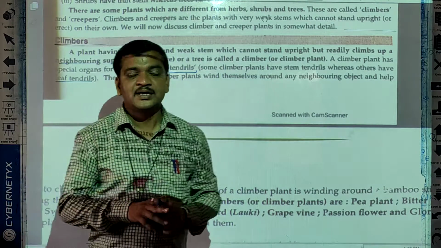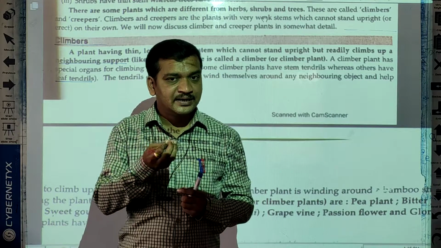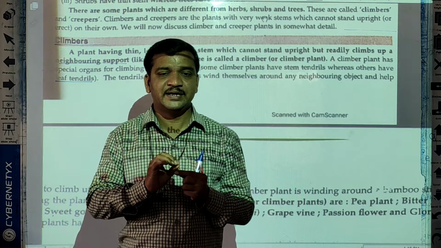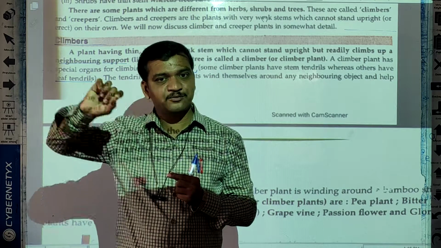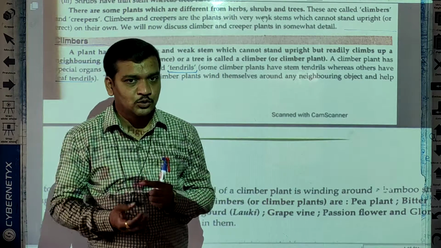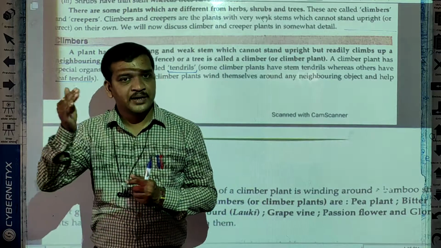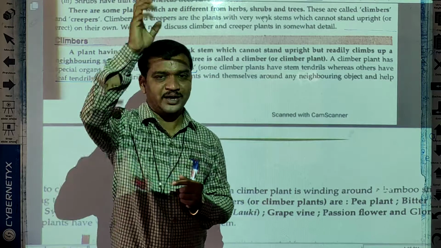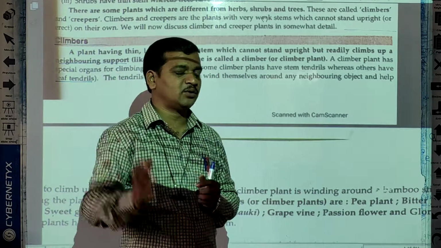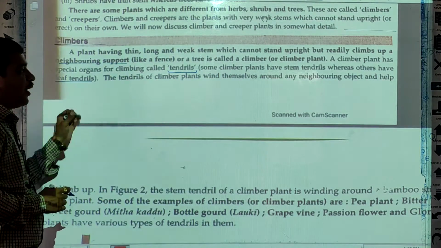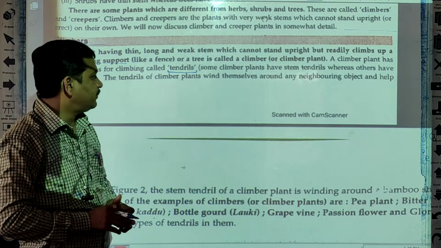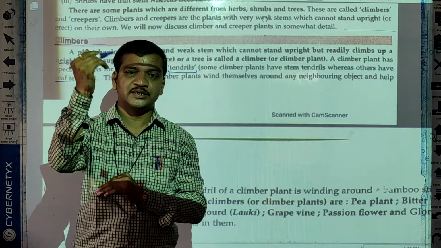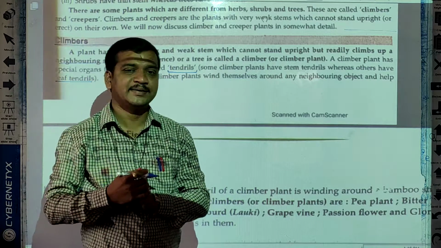It means some plants have the tendrils on their stem and some plants have the tendrils on the leaf. The tendril also grows and takes the support of a neighboring object and winds or twists around that object.